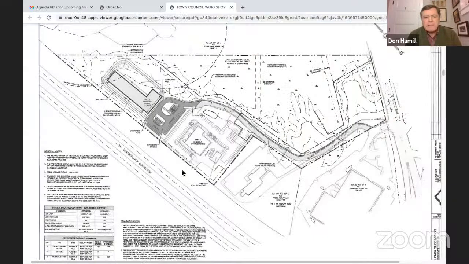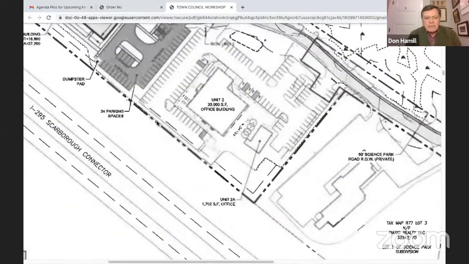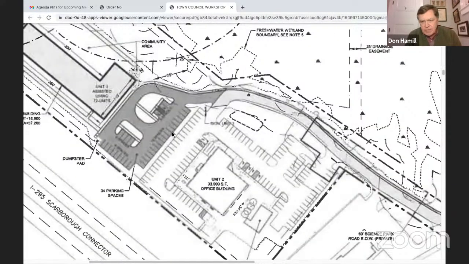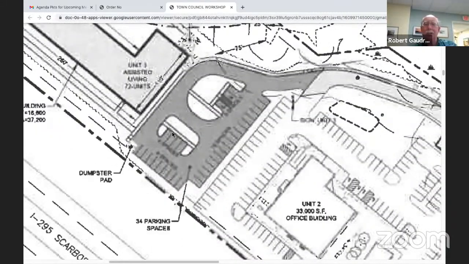But the only question I have is parking. So we're assuming there would be residents here. It is residents without vehicles. They're not allowed to have cars. So really you have staff parking and visitor parking. And that 34 parking spaces, is that proposed or is that there now, the dark shaded part?